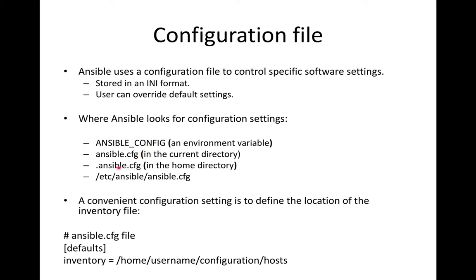It'll look for a .ansible.cfg in your home directory. And then finally, it will look for a file called ansible.cfg in the /etc/ansible directory. So there are a variety of different places that you can put this configuration file on a system.